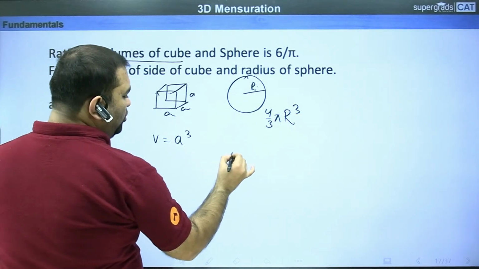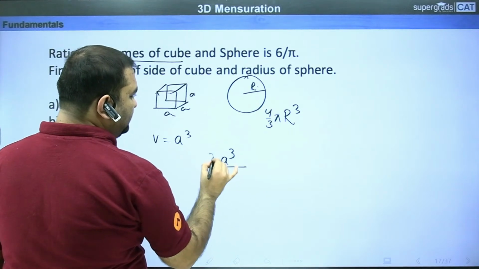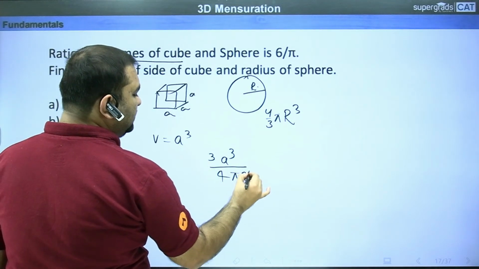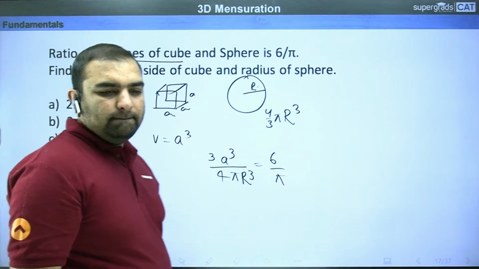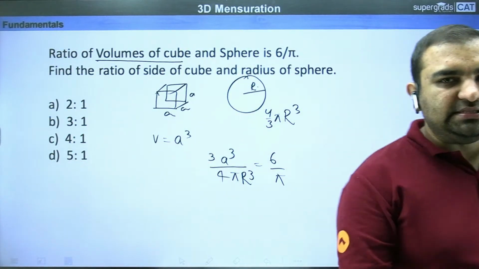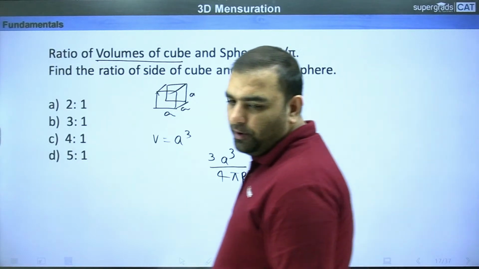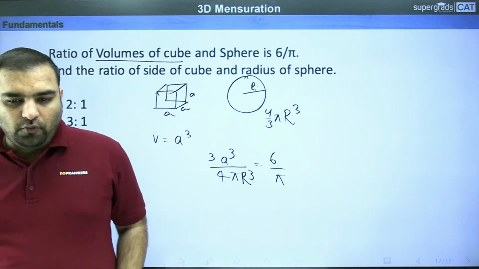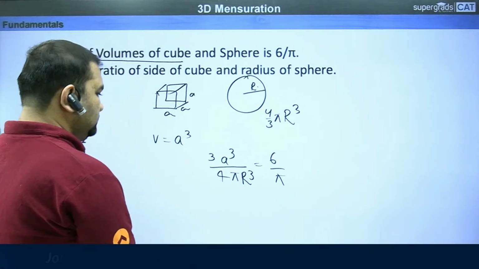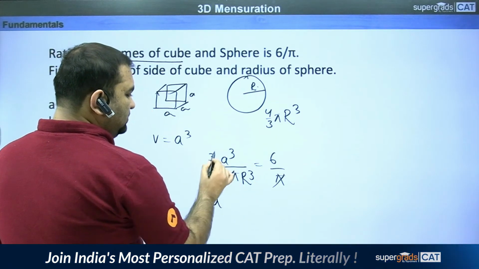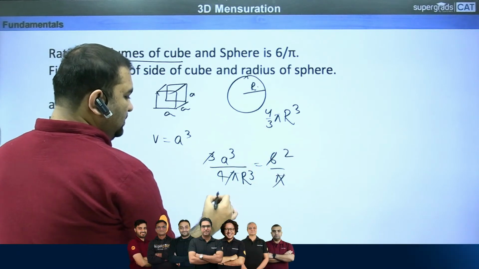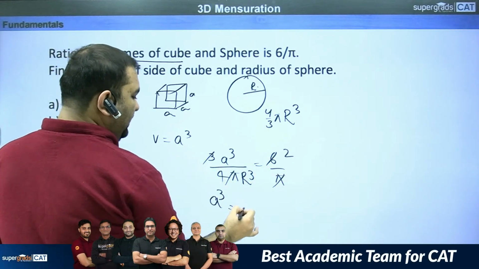So a cube upon 4 by 3 pi r cube is given as 6 by pi. 3 को ऊपर भेज दिया. 3 a cube by 4 pi r cube. पाई से पाई गया. 3 2 जा 6. So a cube is 8 r cube.